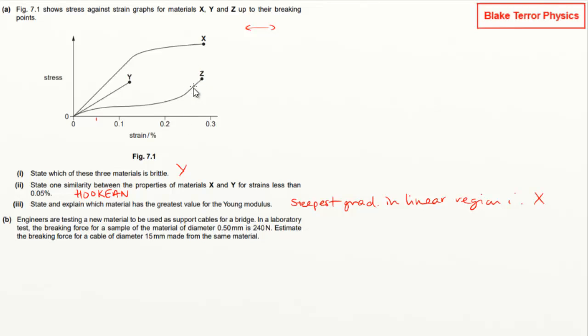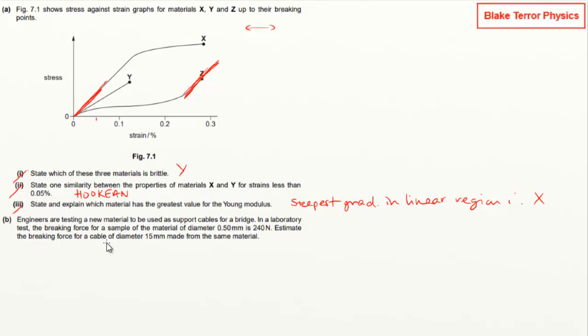We can't start looking at the gradient over here in Z because this is not in the area of Hooke's law, in which case Young's modulus is not applying. So we're going to be looking at this gradient here for X, which is greater than the one for Y. So that's dealt with those three bits.